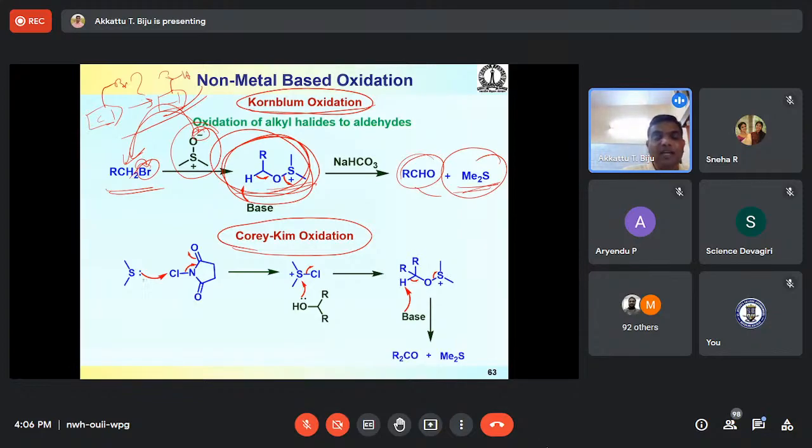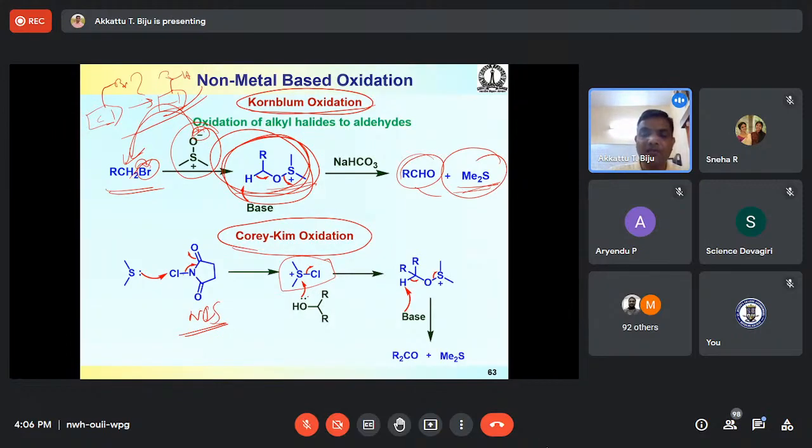If you take dimethyl sulfide and N-chlorosuccinimide, NCS, the dimethyl sulfide can undergo a nucleophilic addition from the sulfur, picking up the chloride and converting the NCS into a succinimide anion, thus generating this intermediate. This is similar to the intermediate in a typical Swern reaction.